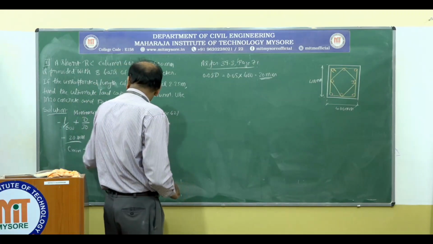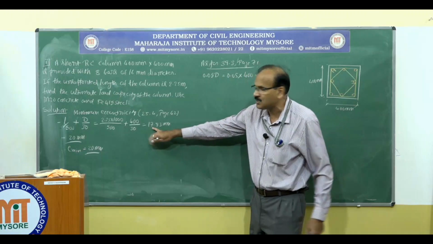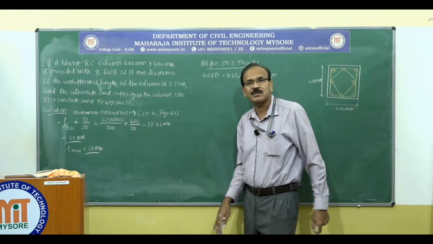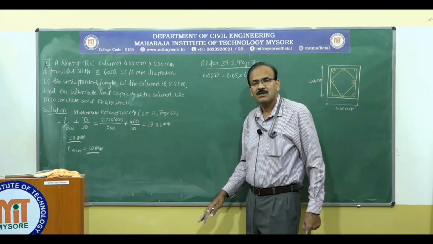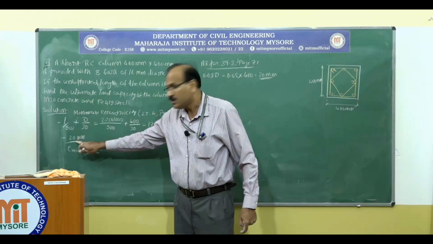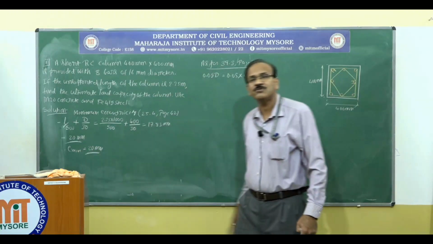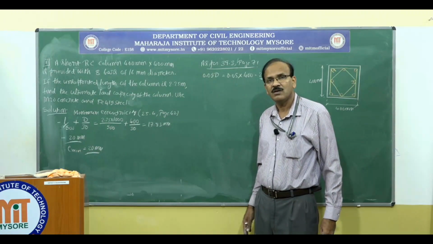In case E minimum exceeds 20 millimeter, say for example we got this value equal to 22 millimeter, then the higher of these two values is 22, that is the minimum eccentricity you need to go for.